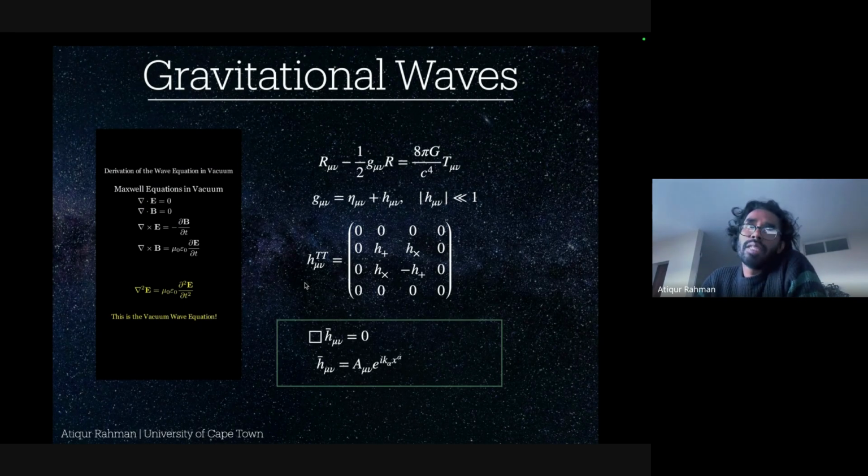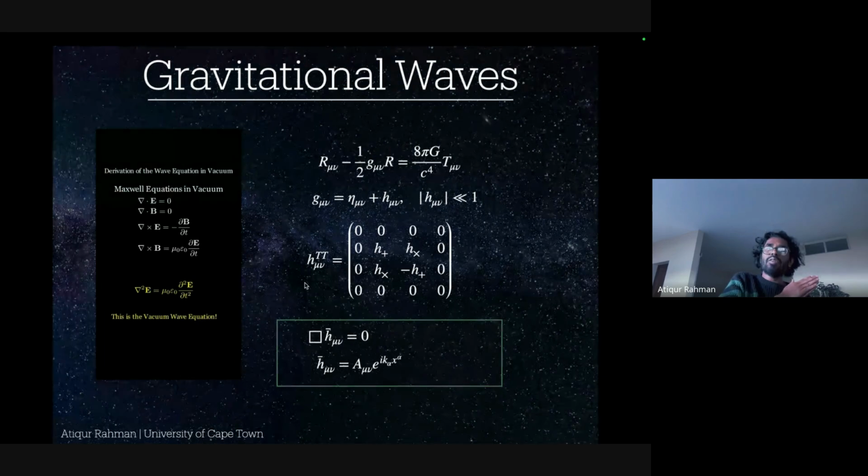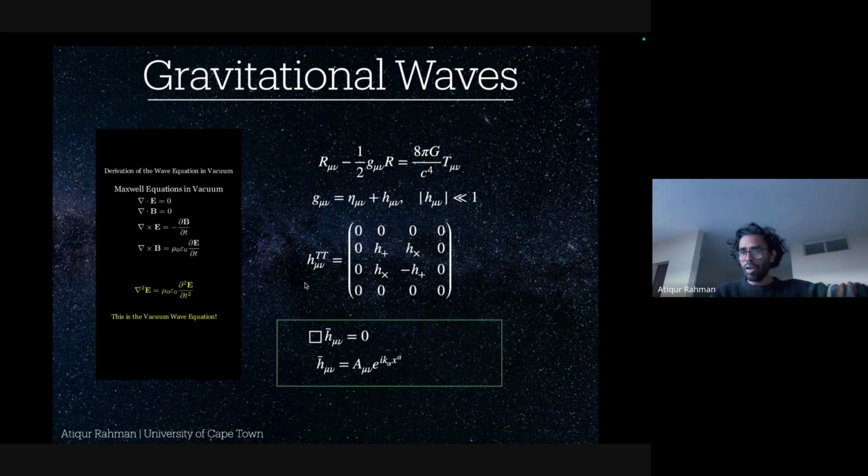So now we know that this space-time metric is actually behaving like a wave. So now we know that when some massive objects collide and create a vacuum, the space-time should change according to this wave equation.